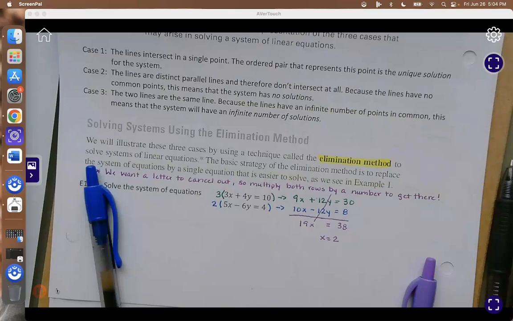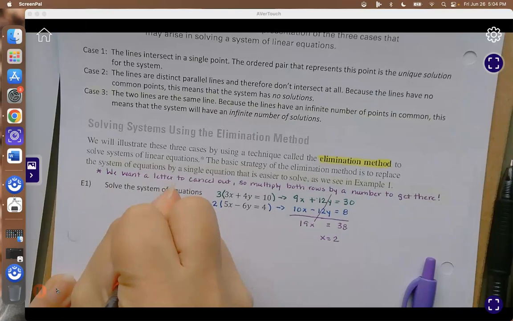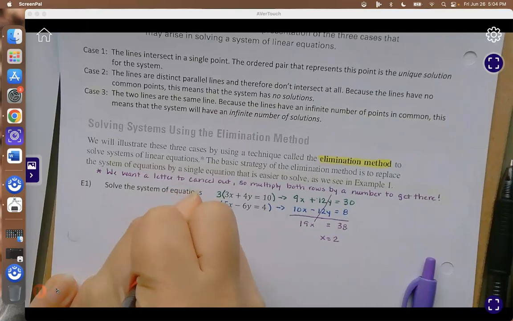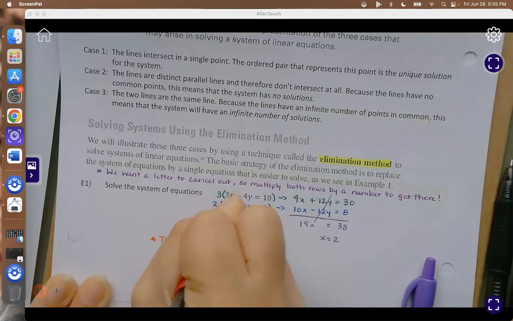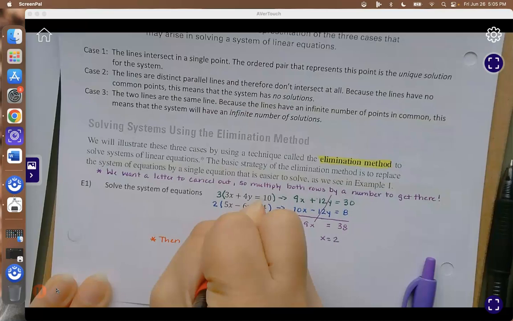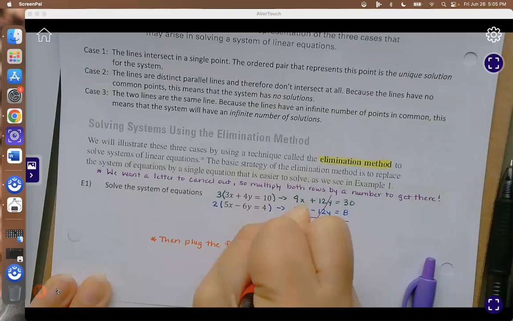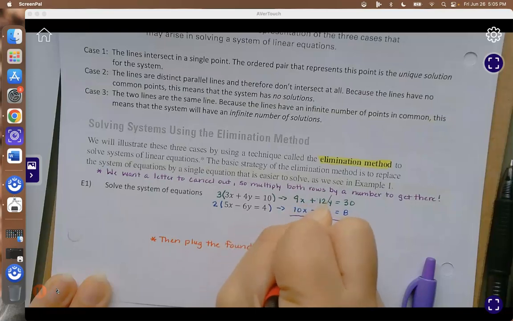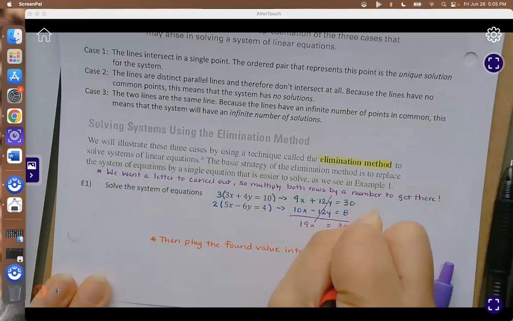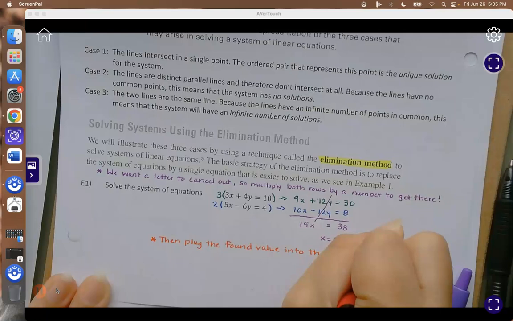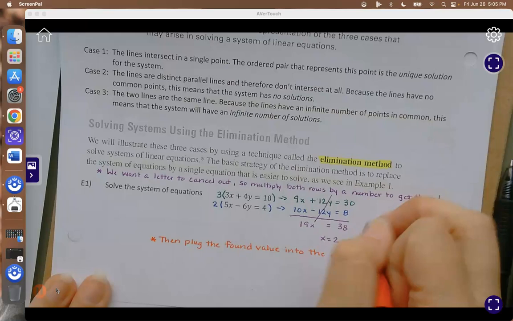Then our last step will be to plug the found value into the original first equation.